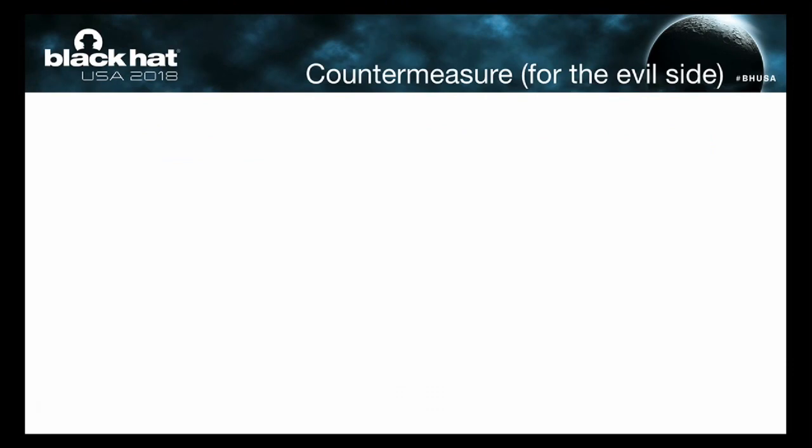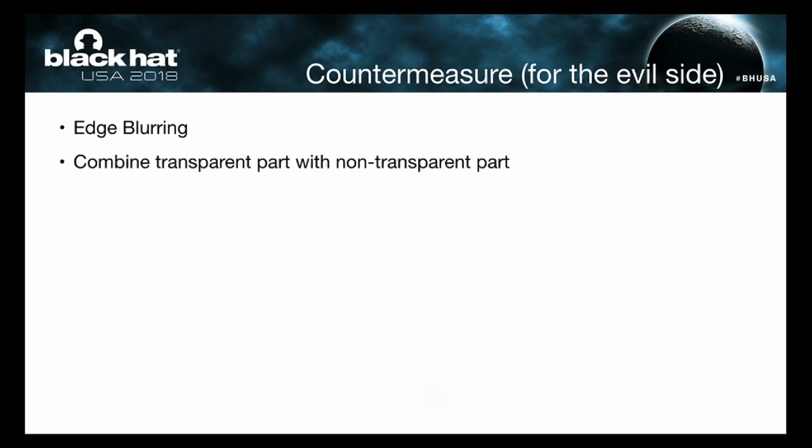So for the evil side, I mean the sites that want to add ugly watermarks, there are some countermeasures too. The first one is to add some blurring edge and to combine transparent parts with non-transparent parts to make the user think this logo is transparent, but actually it has some opaque part.